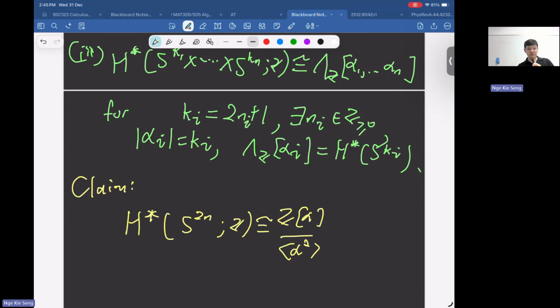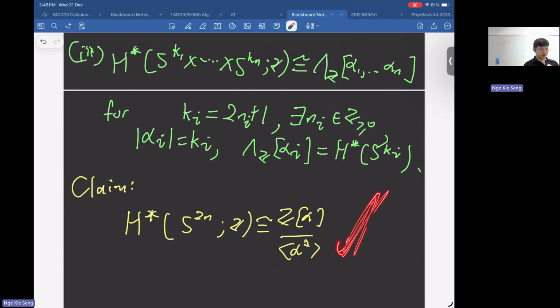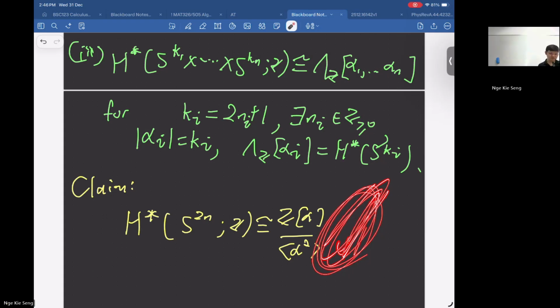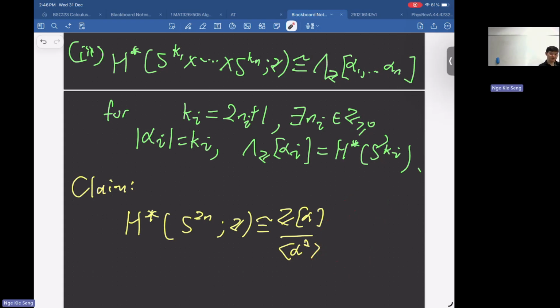S2 I know, but why is it true for higher dimensions? I'm not sure. I need to try and check this out. S2 is clear, but why is it true for S4 as well? Let me check first.